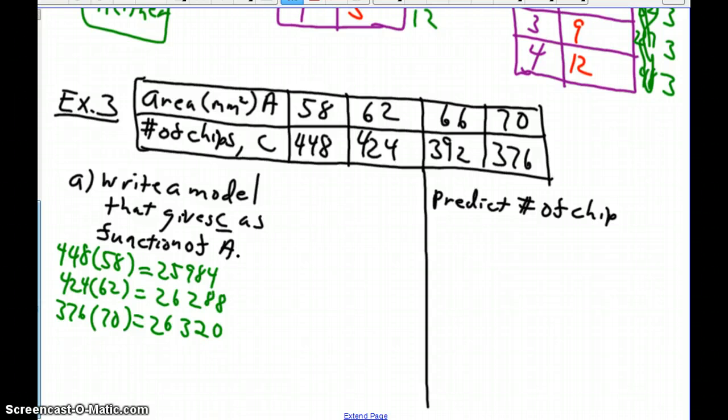Okay, you getting that? 26,320? Okay, how much is 392? I just went out of order, didn't I? I just realized that. 392 times 66. Just went out of order. It's okay. Same difference. All right, and what'd you get? 25,872, right? All right, so everybody getting those numbers, right?